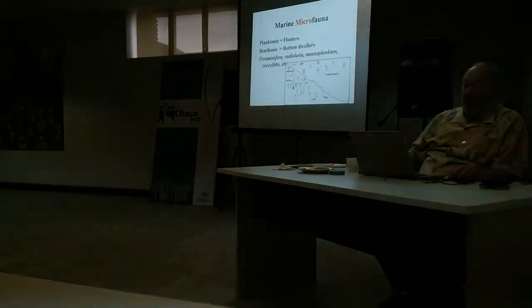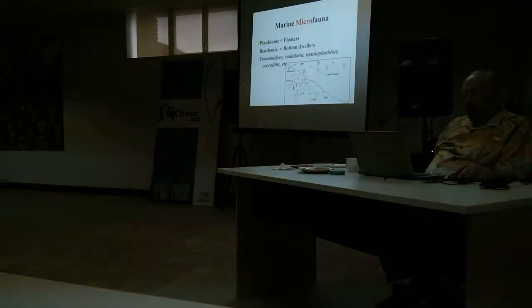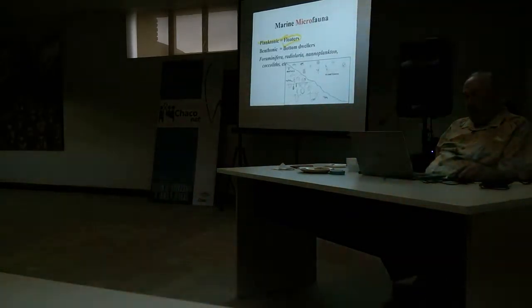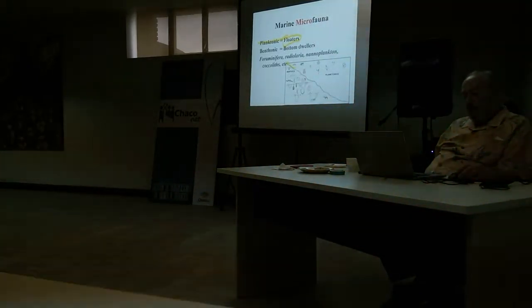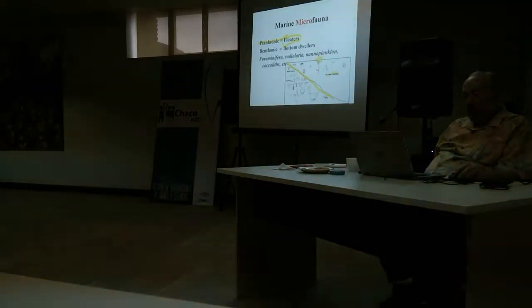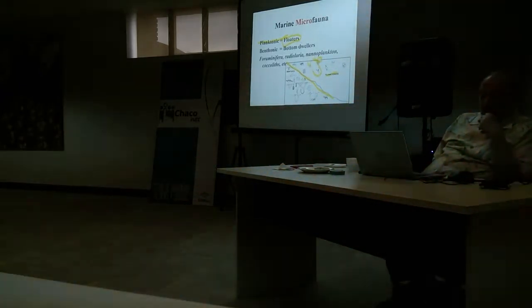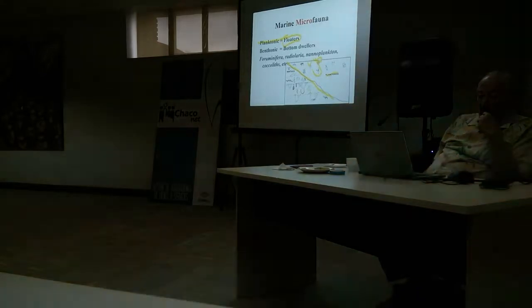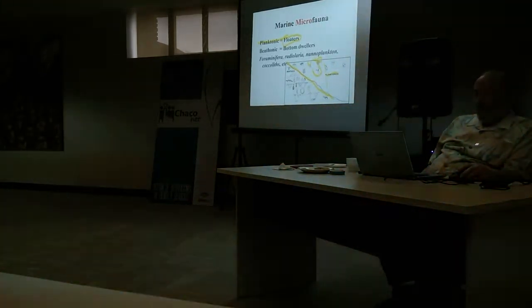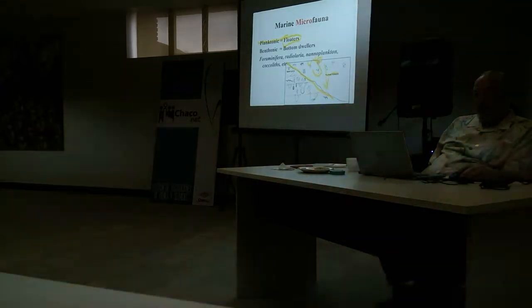And there's two groups. One called planktonic. These are organisms that float in the water column. So here's a little cartoon of the seafloor. All these planktonic organisms floating around in the water column, and they live there until they die, and then when they die, they fall to the bottom and get mixed up with the sediments.